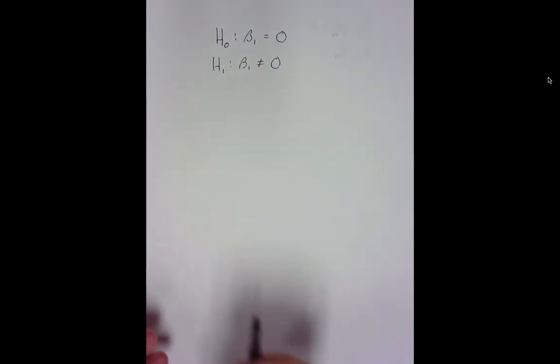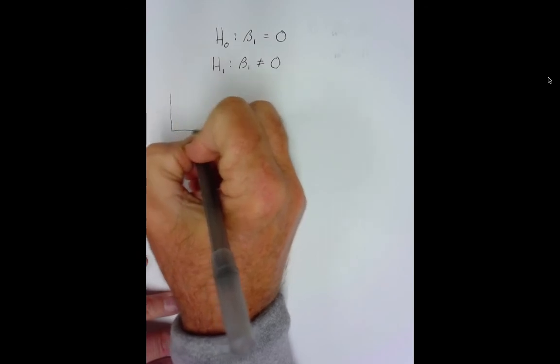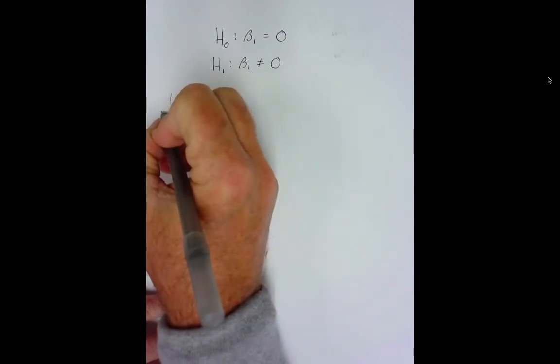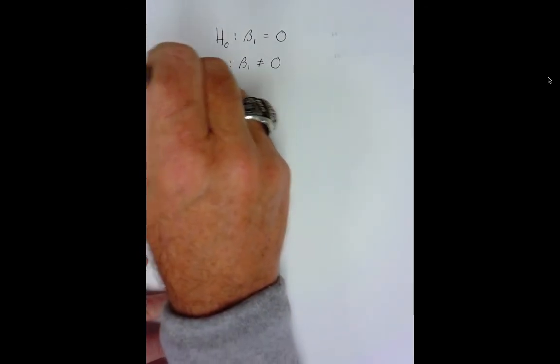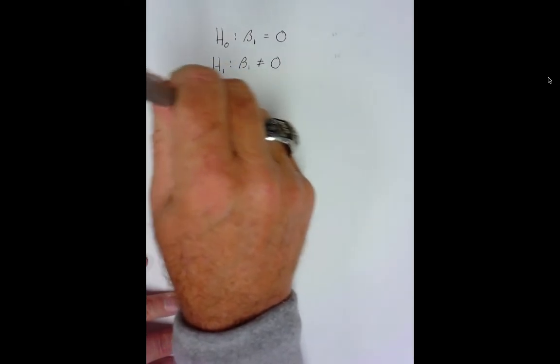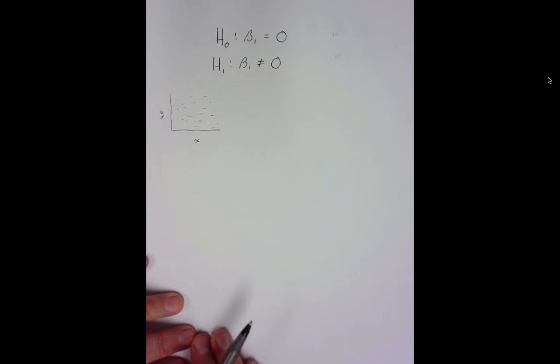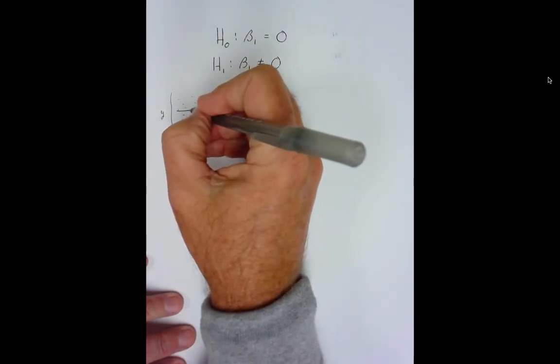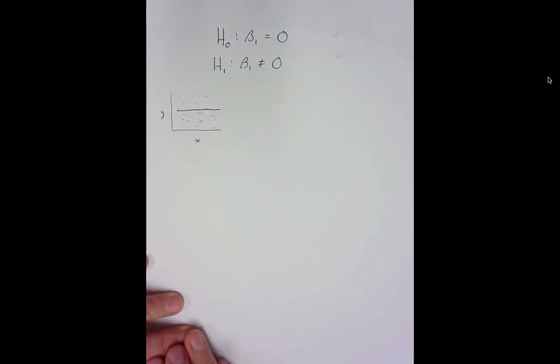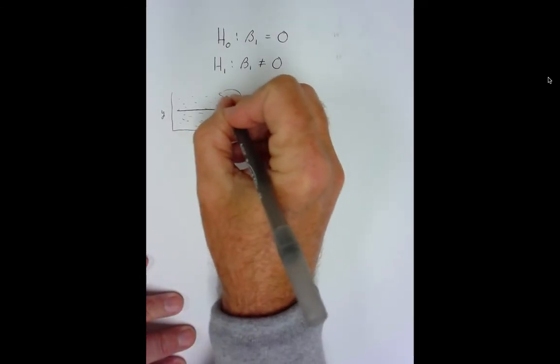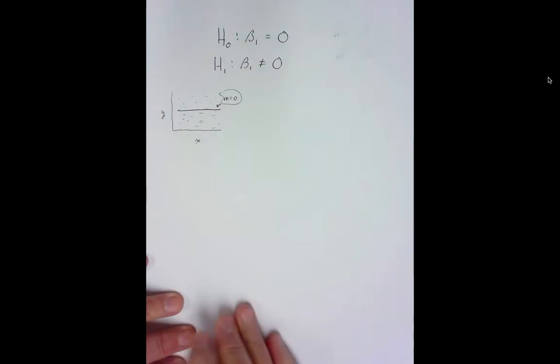Now, let me explain to you what that means. If we have a relationship between x and y where there's no linear relationship, what we would have is just scattered dots like this. The line of best fit for this would be a horizontal line, which would have a slope equal to 0.